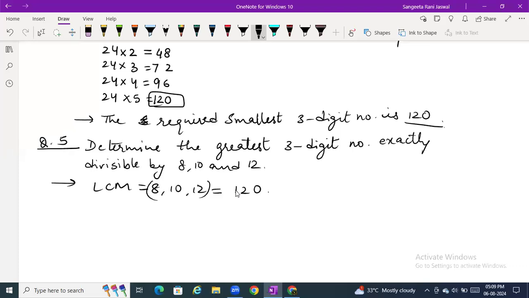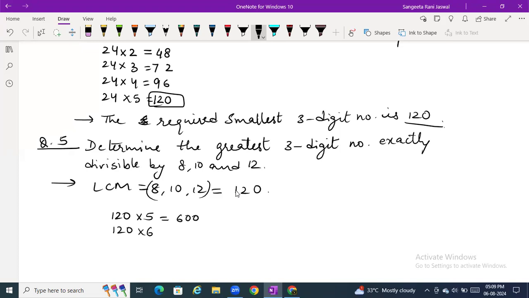120. Okay, so that means the greatest three-digit number will be some multiple of 120. Let's check. I'll start with 5. 120 into 5 gives 600.